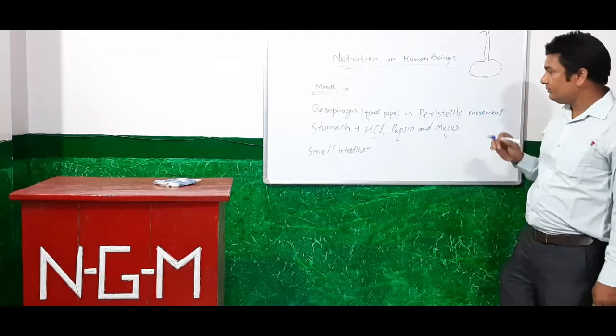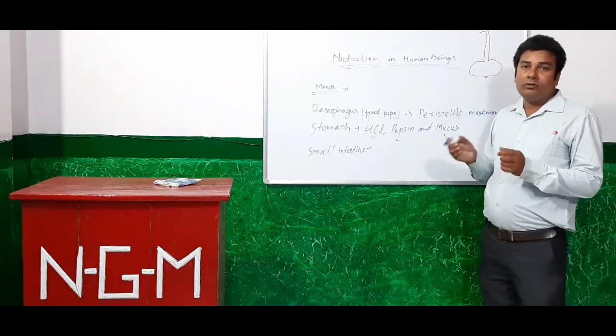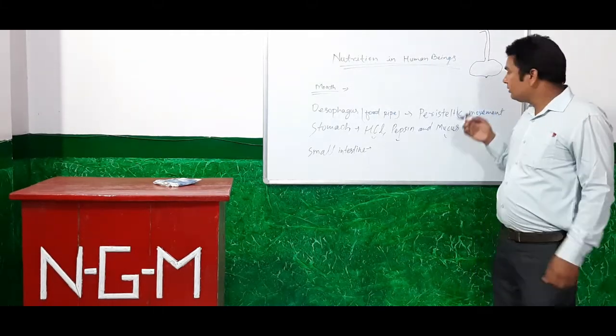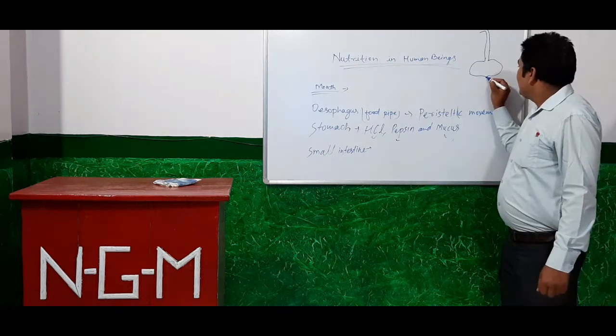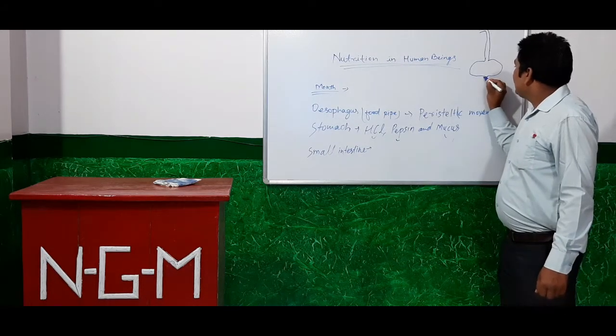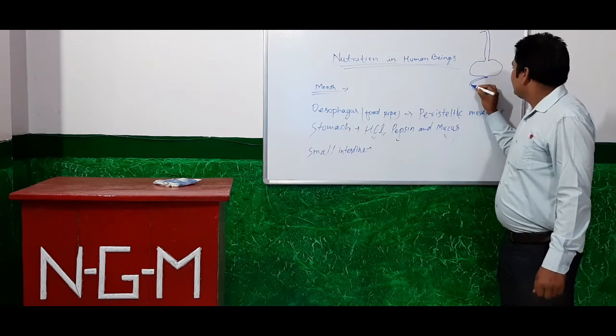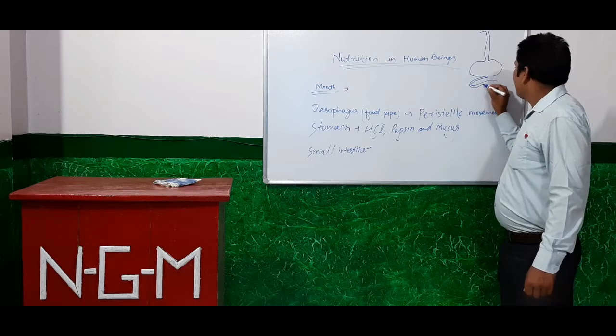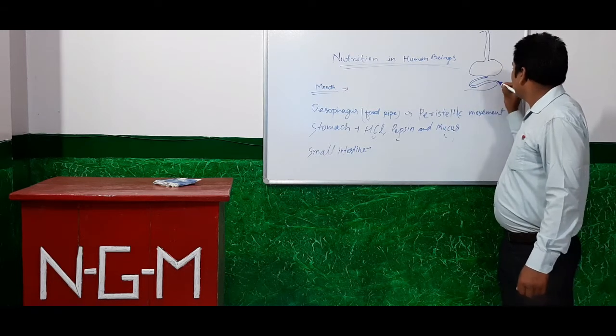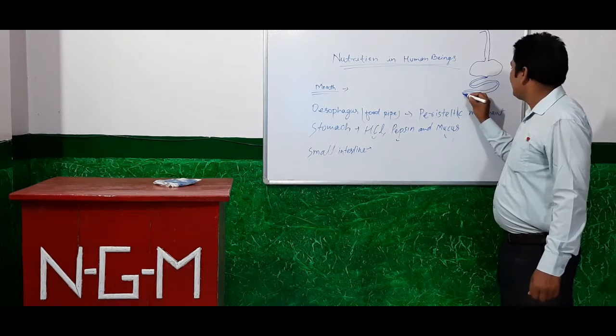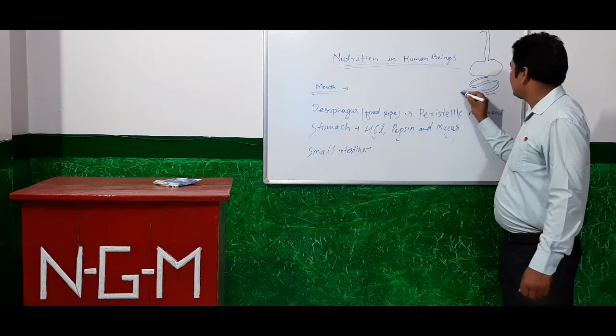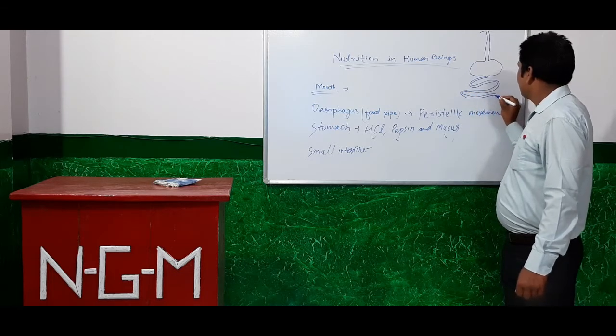A sphincter is a ring-like structure of muscles. Here food enters our small intestine, which is very long, about 6.5 meters in human beings.